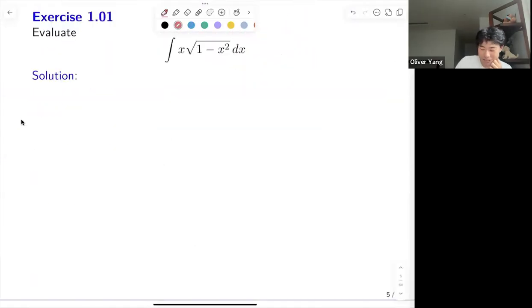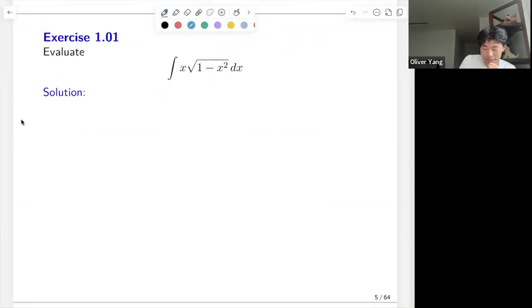So for example, in this first question, how do we do this? Well, we can see that inside these brackets here, if we decompose it and derive it, we get something of the same power. So if we let u equals 1 minus x squared, du is going to be negative 2x.